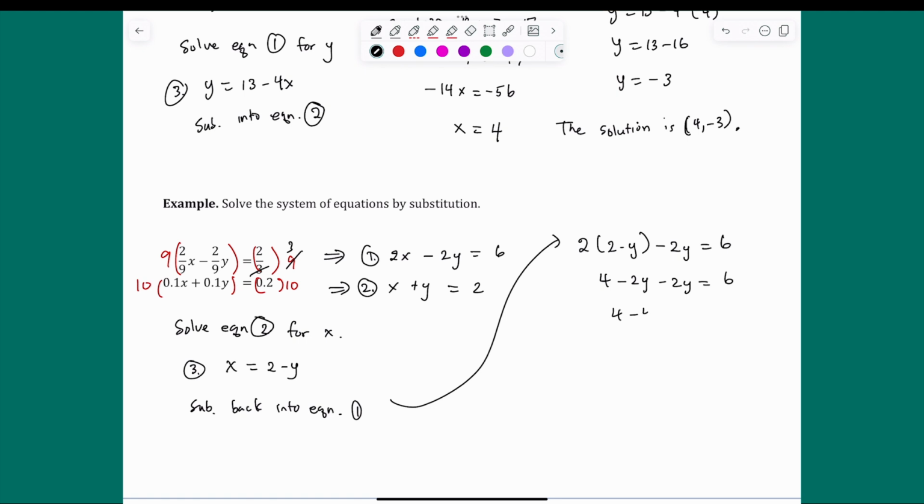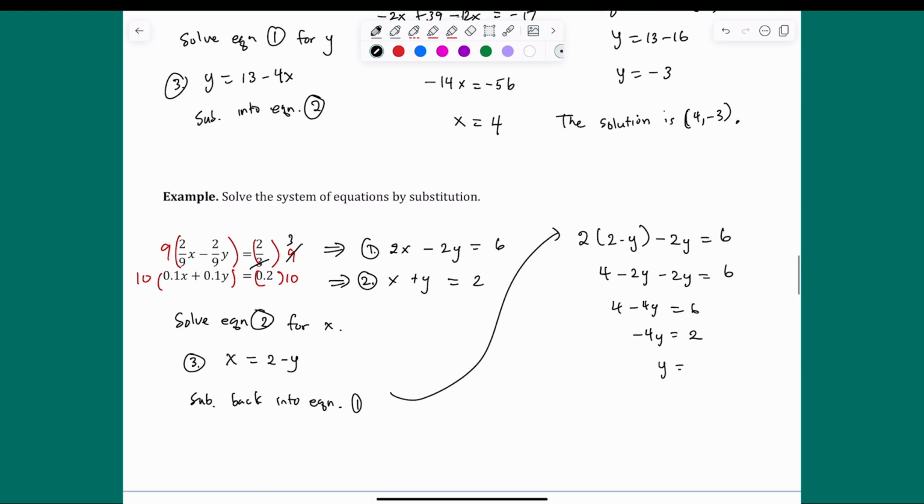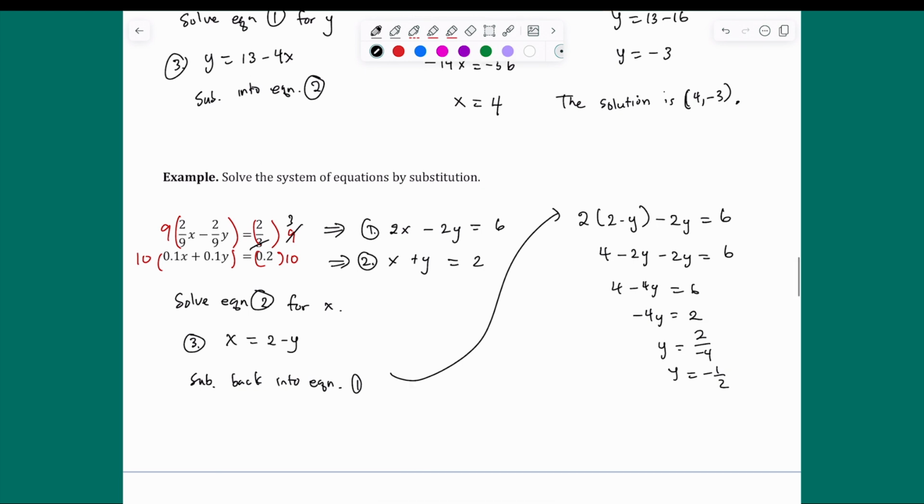So we have 4 minus 4y equals 6. And so subtract 4 from both sides to get negative 4y equals 2. So y equals 2 over negative 4, or simply negative 1/2. Alright, so we see we get y equal to negative 1/2.